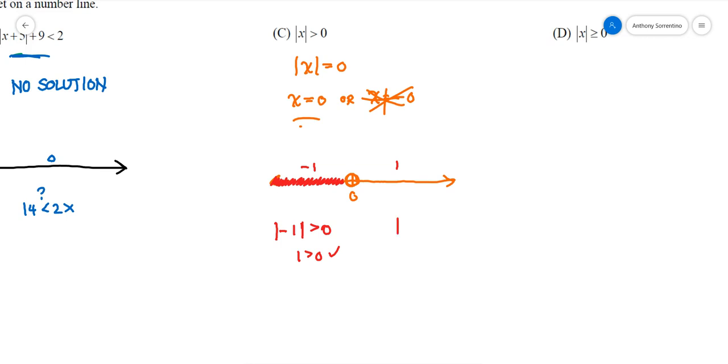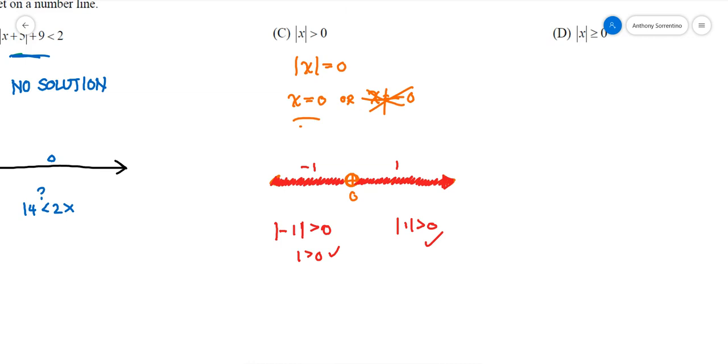For 1, is the absolute value of 1 greater than 0? Well, the absolute value of 1 is 1, so yeah, that works too. So for this inequality, without the equal to sign, any number but 0 works. So I would say this one has a solution.